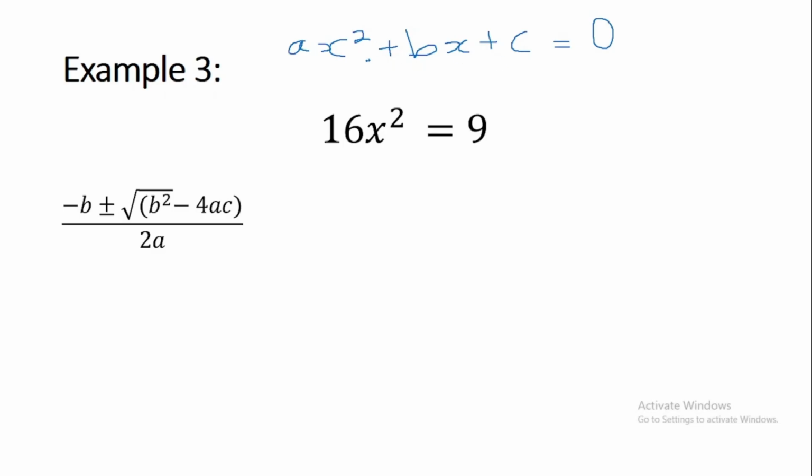That means we have to look for all our terms. Remember that it should be equal to 0. It is not equal to 0 right here, it is equal to 9. So we need to move this 9.